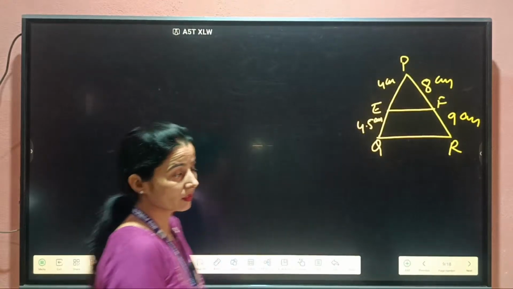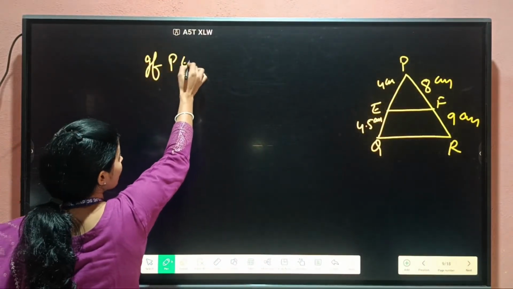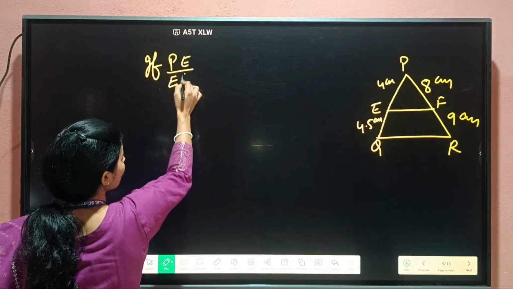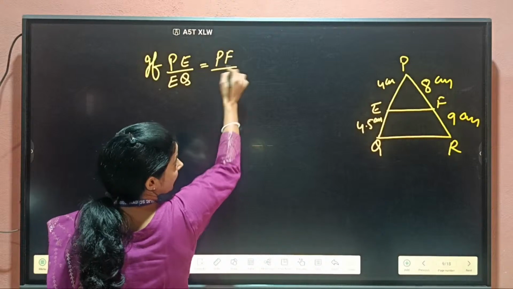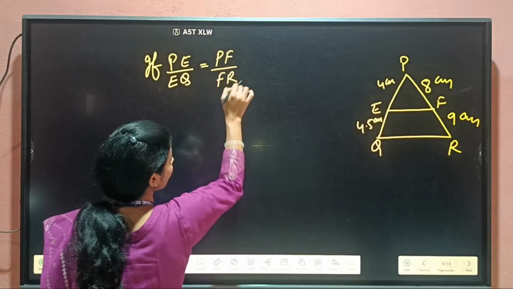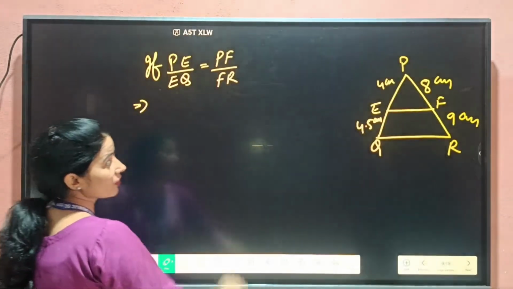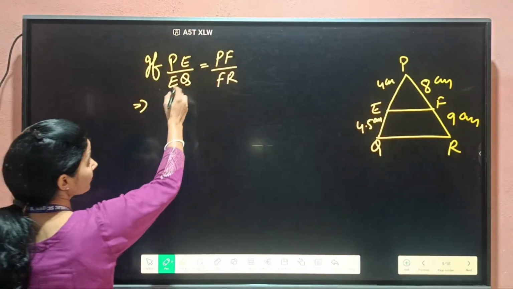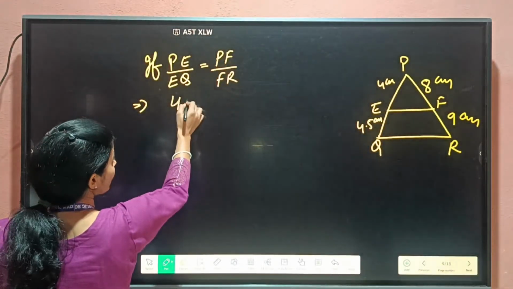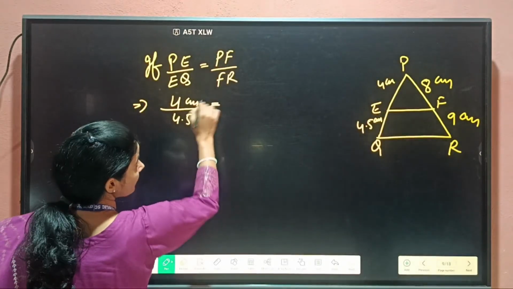Let us check the ratio. If PE by EQ equals PF by FR, then we can say EF is parallel to QR. PE is 4 centimeter and EQ is 4.5 centimeter.